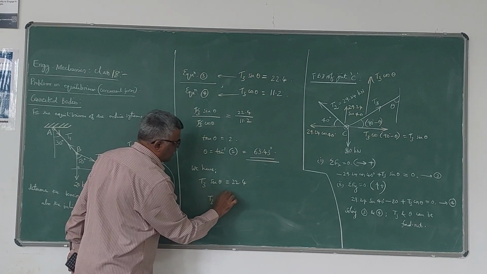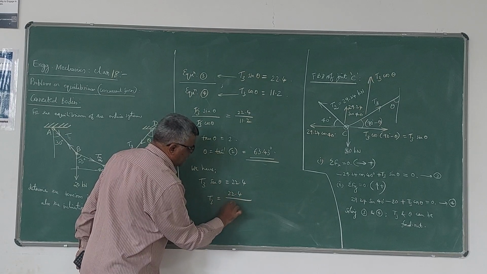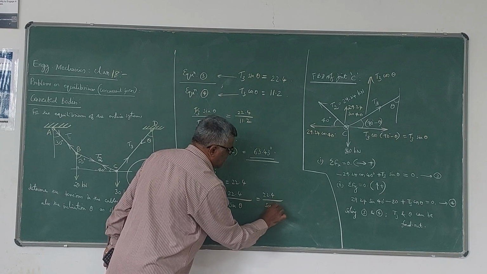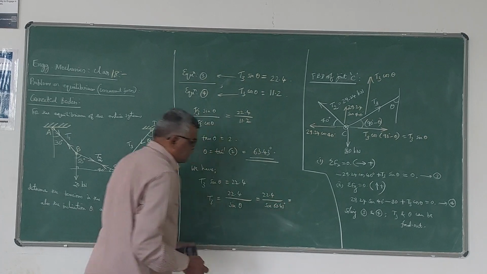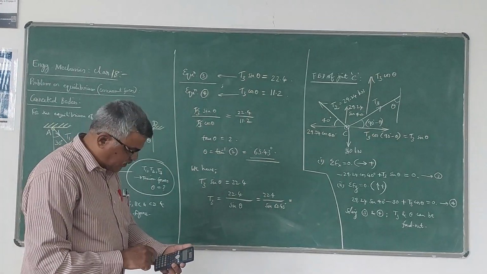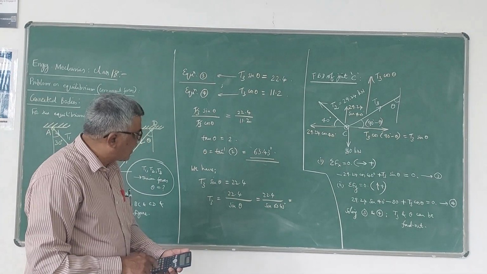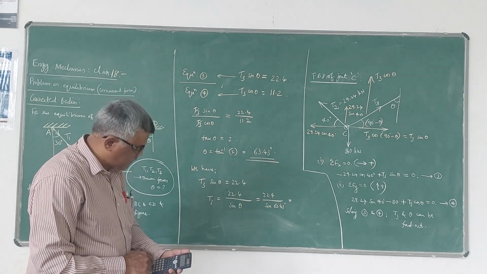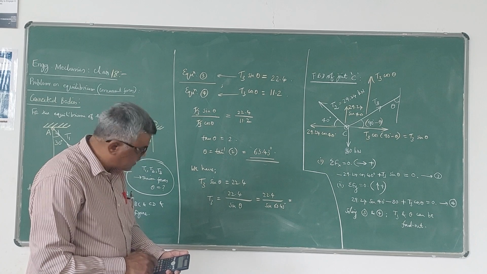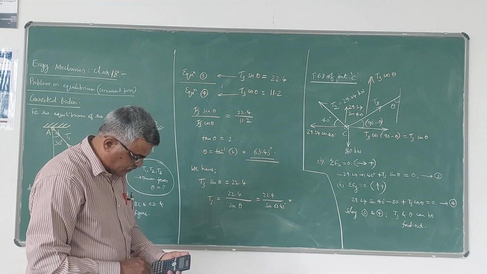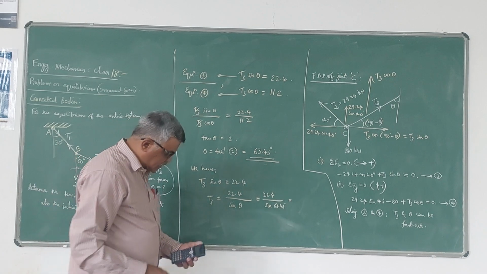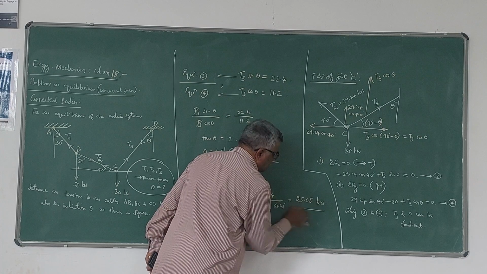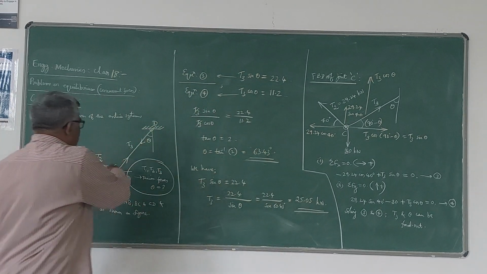Therefore T3 is equal to 22.4 divided by sin theta, which is 22.4 divided by sin of 63.43 degrees, which comes out to be 25.05 kilonewton. So this is the tension in the third cable, that is in this cable.